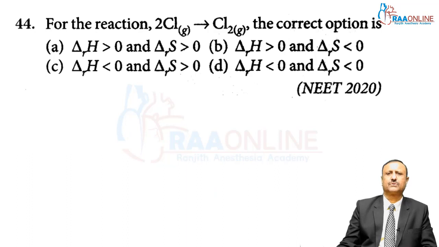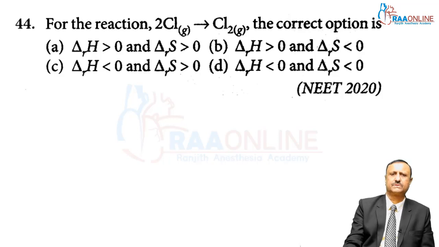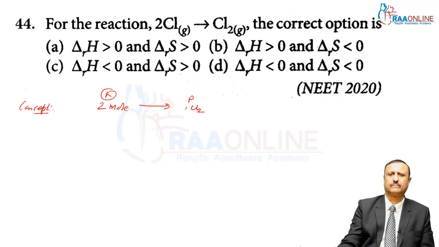Now, we can see question number 44. This is the theoretical question which was asked in NEET 2020. Question number 44, for the reaction 2Cl giving Cl2 gas, the correct option is. Here, my dear students, what is the concept? On the reactant side you get 2 moles, and on the product side you get 1 mole.